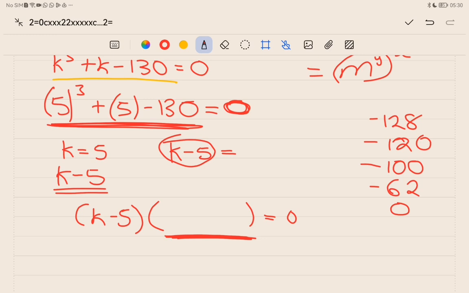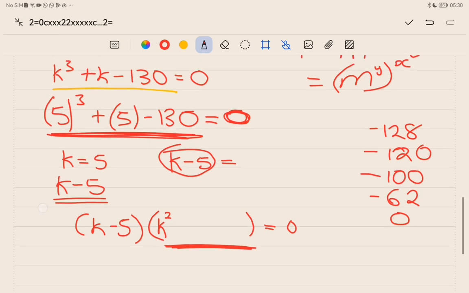So the first thing that you will need to do is to solve. You must know that here it is k squared. This is easy to figure out because k times k squared is k cubed.